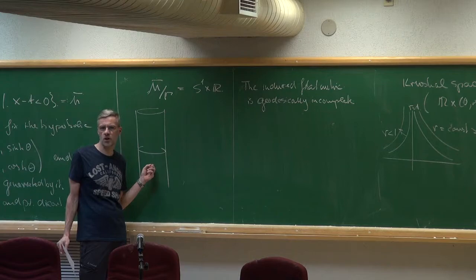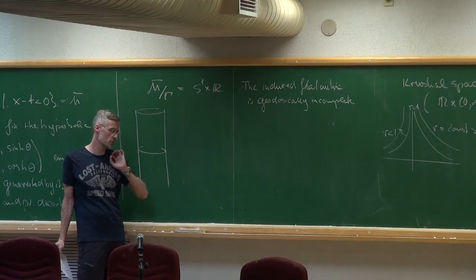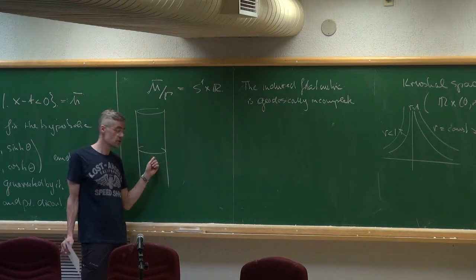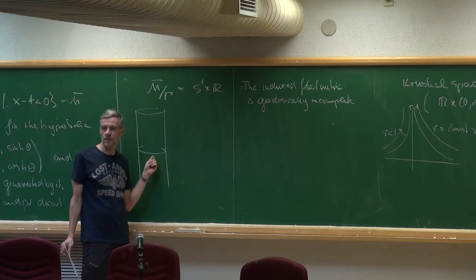If you come from Riemannian geometry, you would expect that geodesic incompleteness has something to do with the curve leaving every compact subset of the base space. In Lorentzian geometry, it is not so. Of course, incompleteness always has to do with leaving every compact set of the phase space.